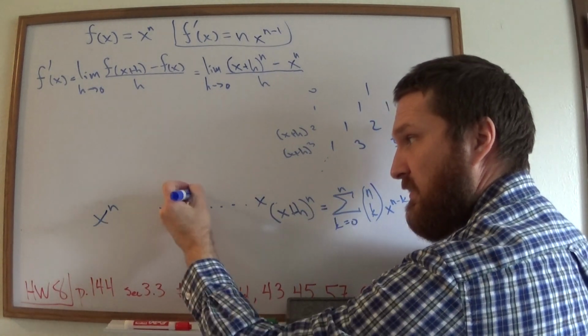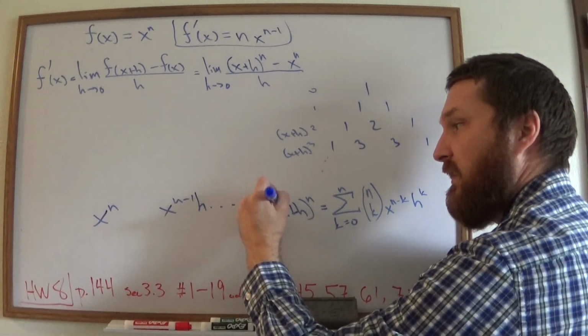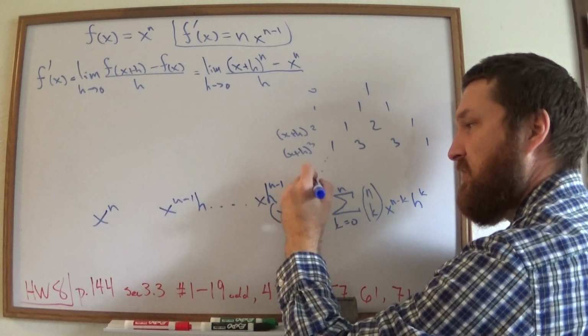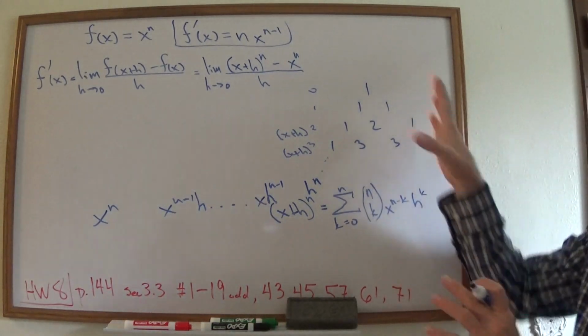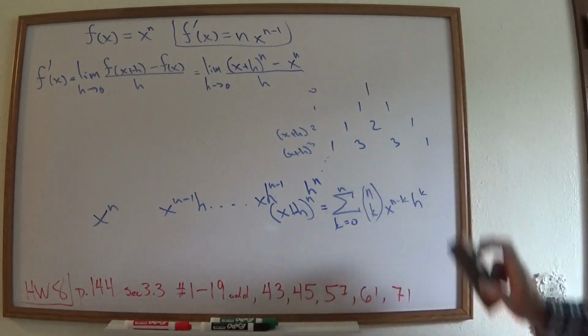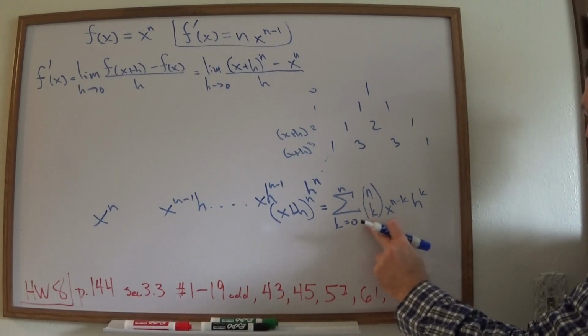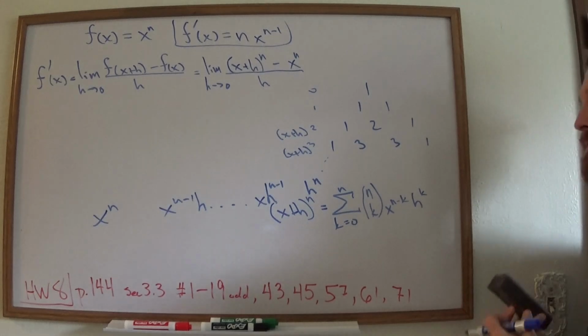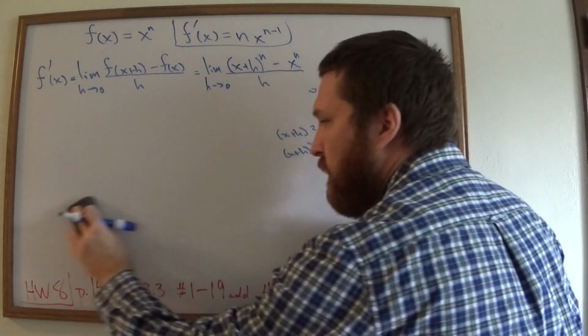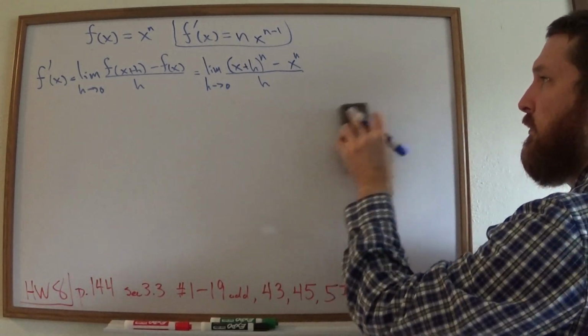There's an h to the 0, h, then h squared, finally h to the n minus 1, finally h to the n. So that's what I'm going to use here. I'm going to use this notation, n choose k, when I write this guy out. Everybody with me?